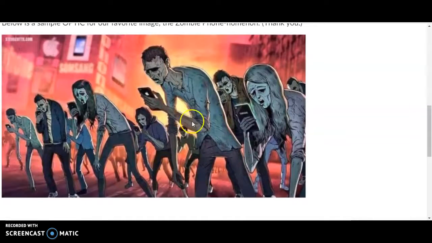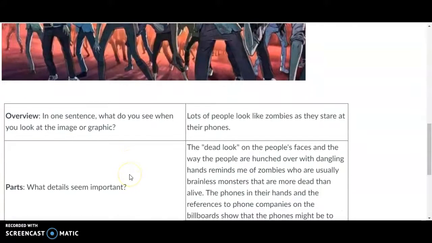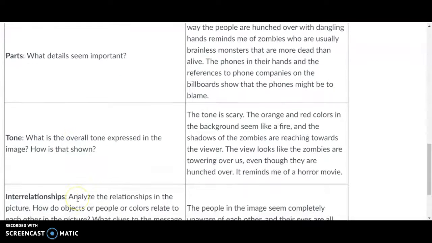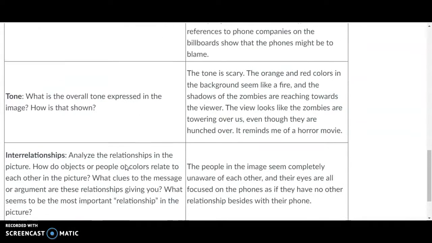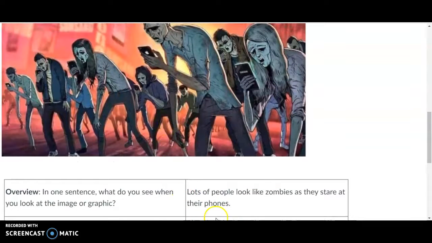So underneath the picture, you see a chart that has OPTIC, O, P, T, I, C. So the overview, again, I'm not going to read everything, but I am going to go over it quickly.